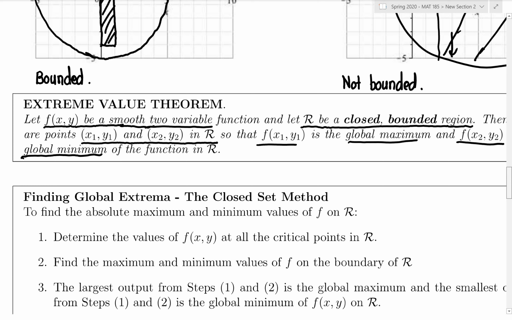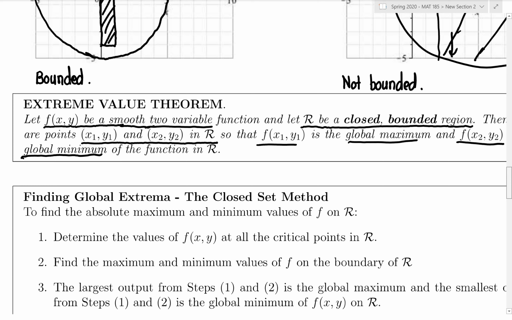I would like you to think about this in the context of a function of a single variable. Remember, we needed our function to be smooth, nice enough, and we needed to have closed intervals, because if we had open intervals, as we saw in our homework, we're not necessarily guaranteed to have a global max and global min of a function of one variable on an open interval.